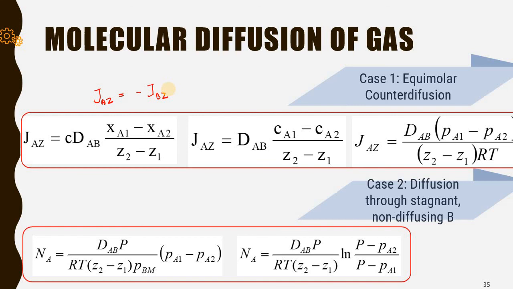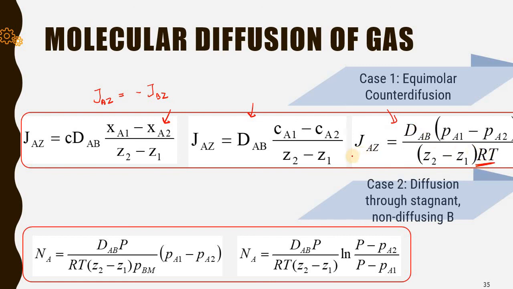You just put a negative for the molar flux. I think this is the original equation that we learned from the beginning. So we integrate, and this is the equimolar counter diffusion equation for the gas.